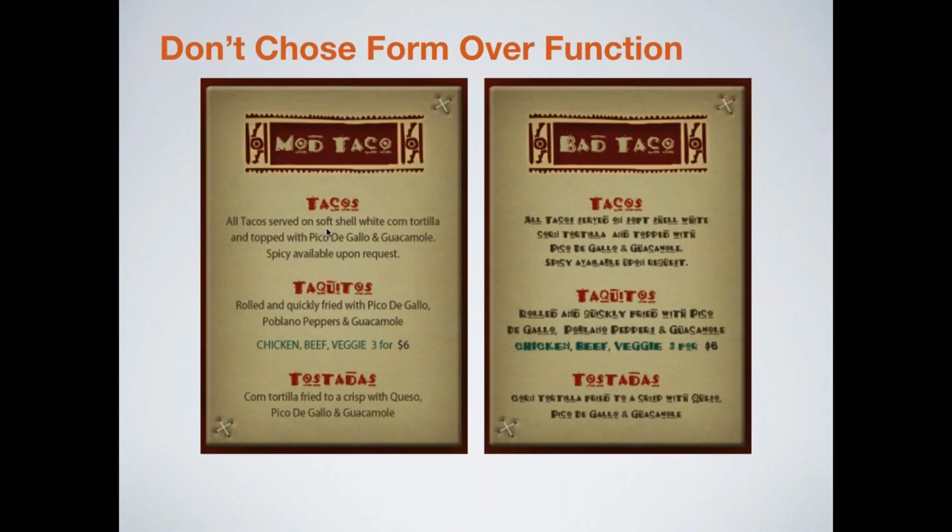All the menu items are clearly described using a very readable sans serif font, while on the right side they use that brand, that very stylized typeface throughout, and it becomes really hard to read. Perfectly fine when it's just one word, but when you get a paragraph, then it's really a strain.